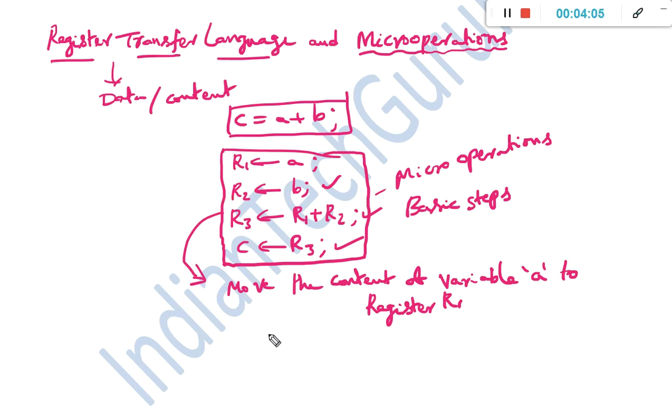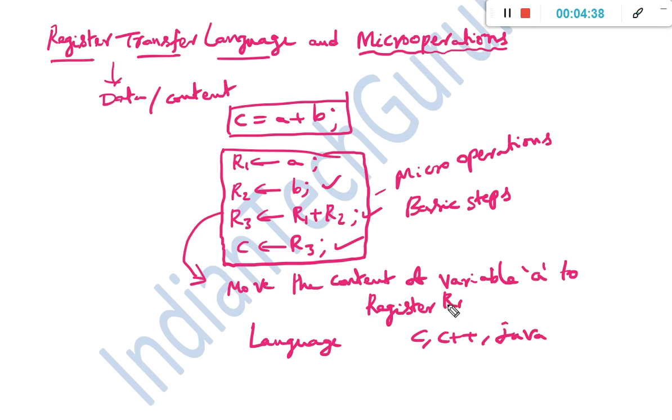Even though we are calling it a language, it is not actually a language like C, C++, Java. Those are basically programming languages, whereas this register transfer language is actually a representational language.